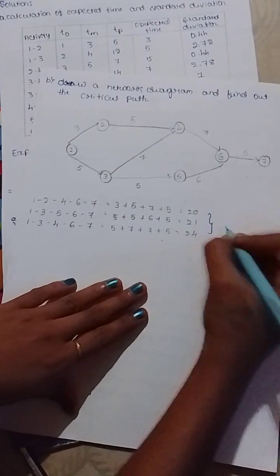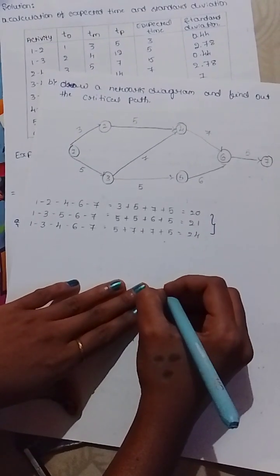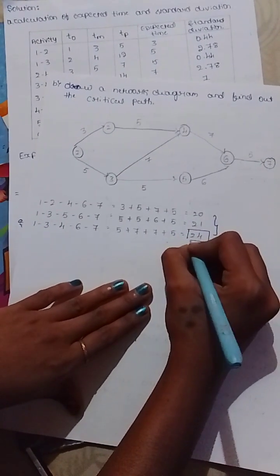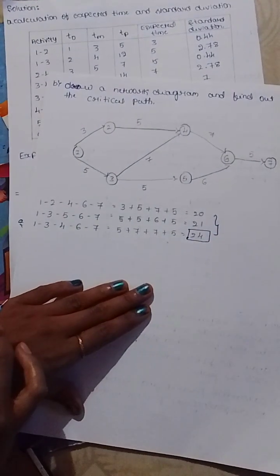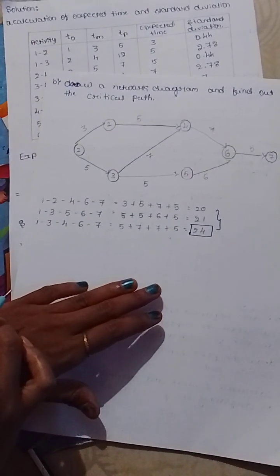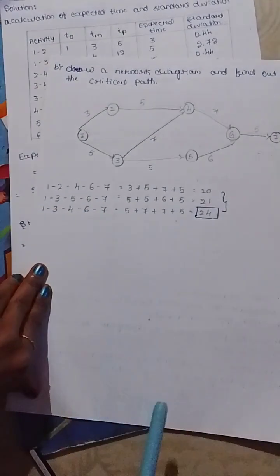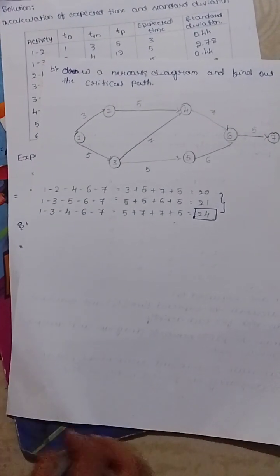In these 3 routes, the highest time taken route is the third one, 24. So the third way is the critical path in the networking diagram.